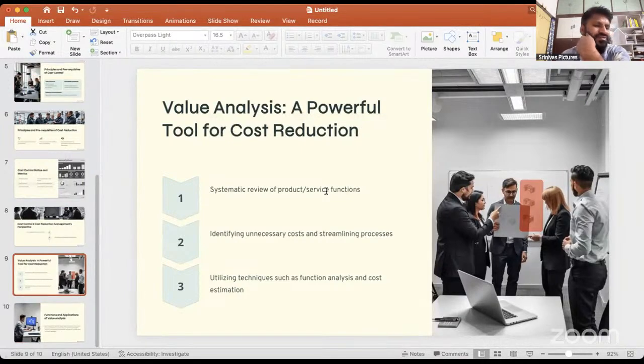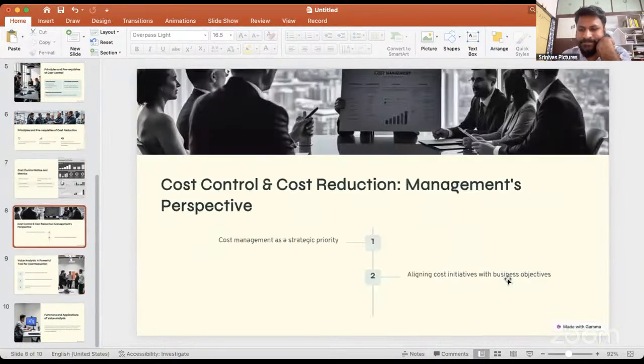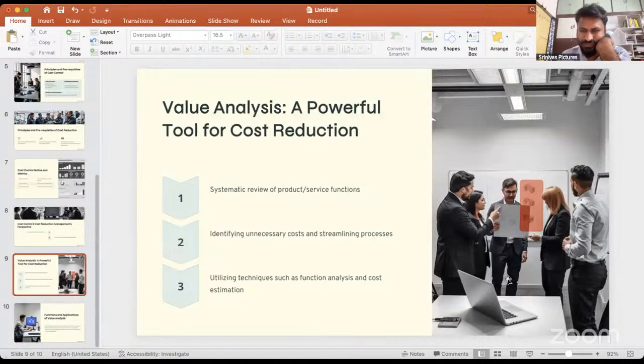Value analysis. What is the meaning of value analysis? Value analysis talks about the systematic review of the product and service function, identifying the unnecessary cost and streamlining processes, and utilizing techniques such as function analysis and cost estimation.